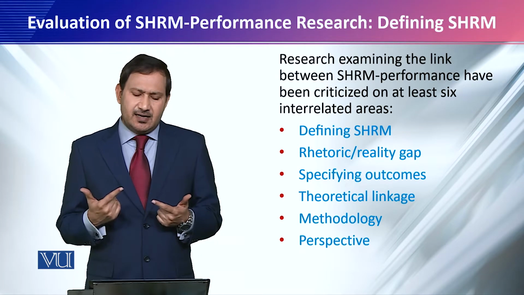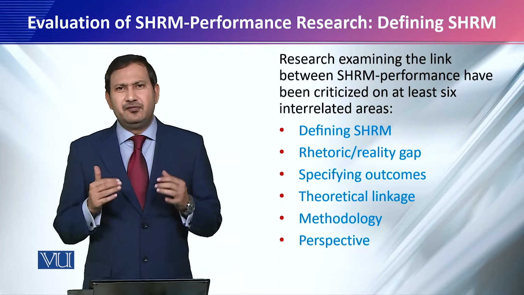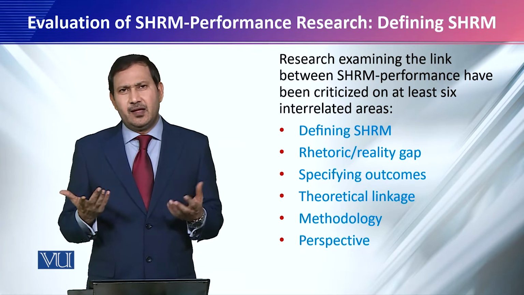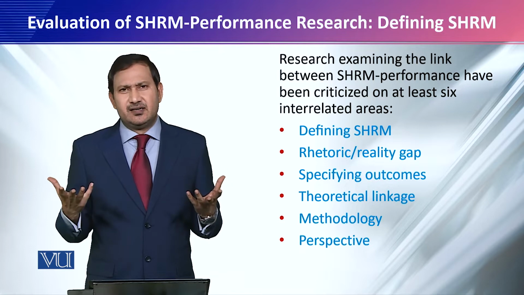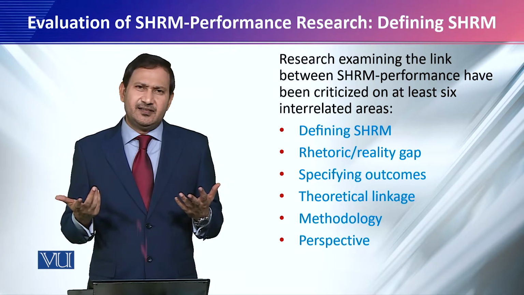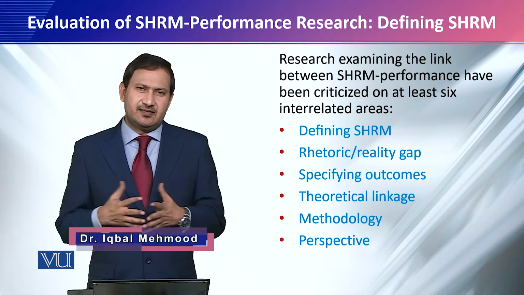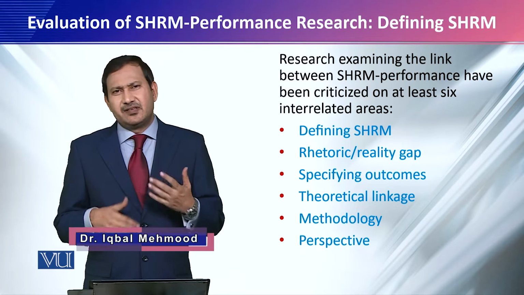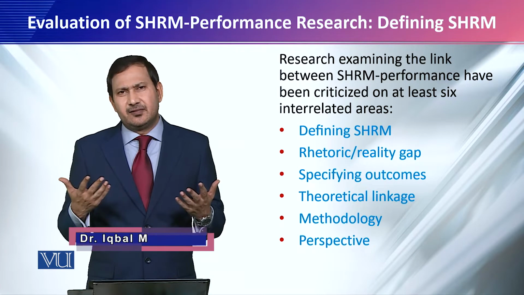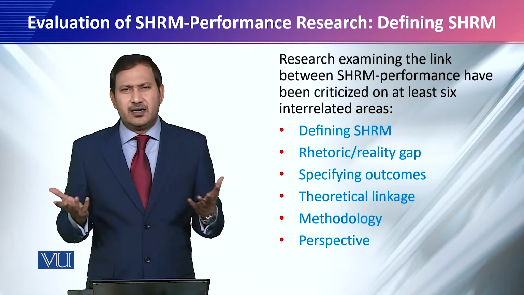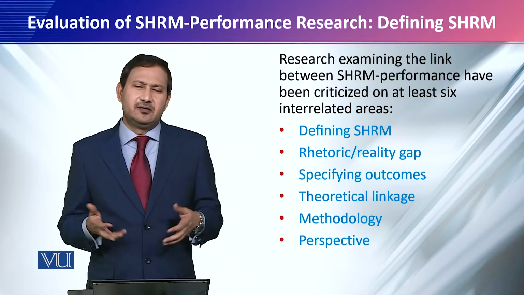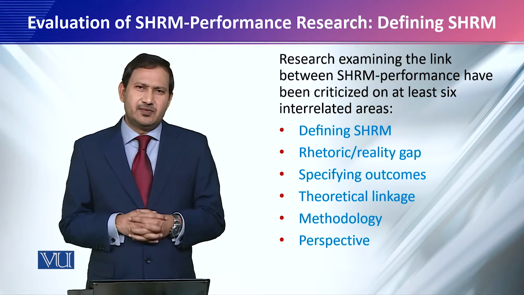Basically, in the next 6 modules, we will evaluate the past research, its validity, and the reliability of its findings. Obviously, it is hard to review all the articles or publications in the field of strategic human resource management.